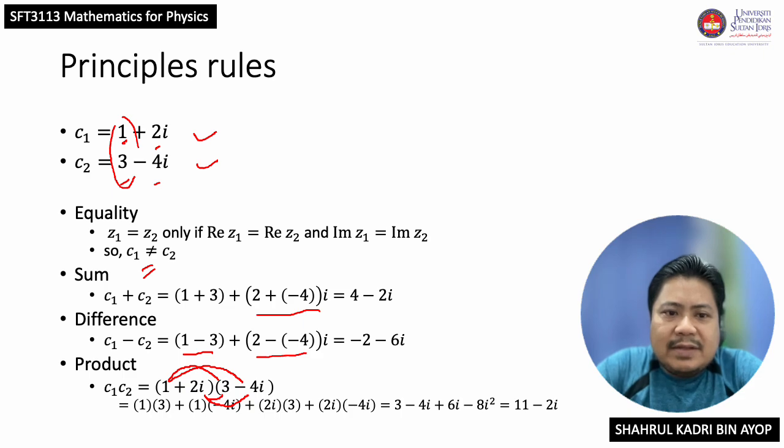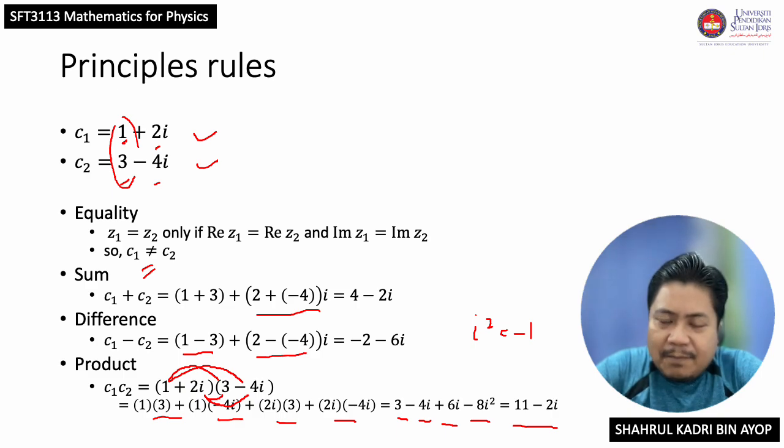Then you will have 4 terms. These 4 terms you have to inspect properly. So you have 3 minus 4i plus 6i minus 8i squared. Remember the identity i squared equal to minus 1, so that finally you will get the standard form of the complex number, 11 plus 2i.